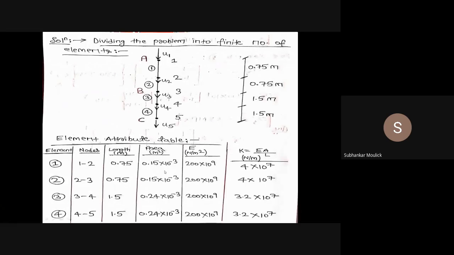So these are the areas. I have converted millimeter square into meter square, so I have multiplied by 10 to the power minus 6, because we know that 1 millimeter is 10 to the power minus 3 meters. So this is the area of each element in meter square.